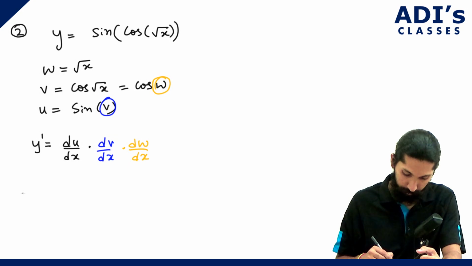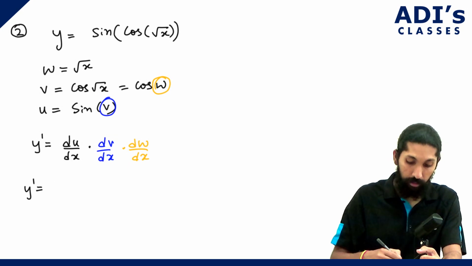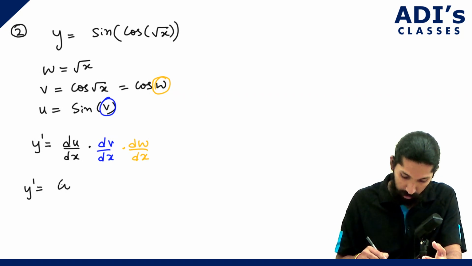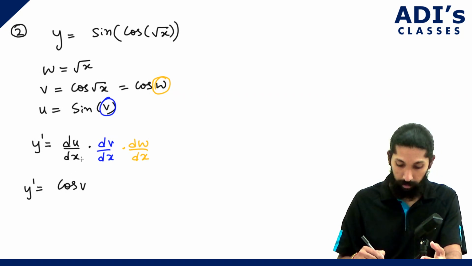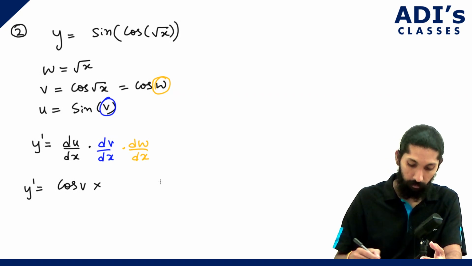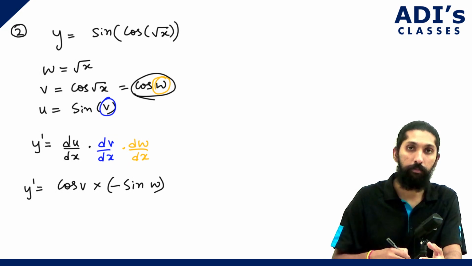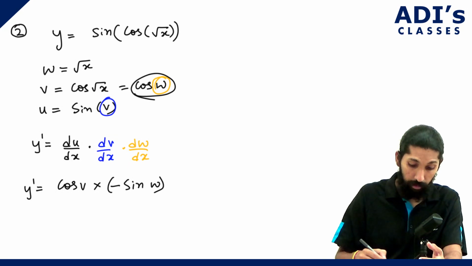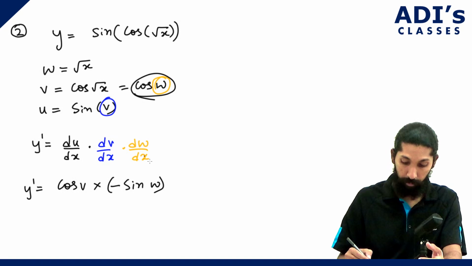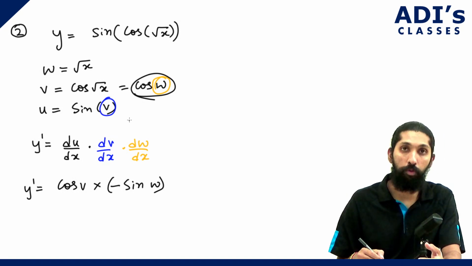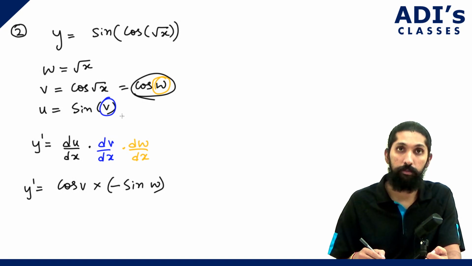y dash is equal to, what is the derivative of sine? Cos. So we get cos v into, now v is nothing but cos w, and if you differentiate, minus sine w. Last one, w you have to differentiate because dw by dx. What is the derivative of root x? 1 by 2 root x.